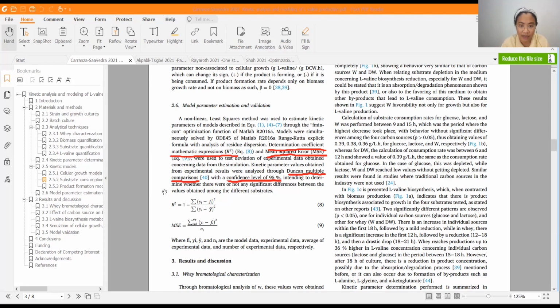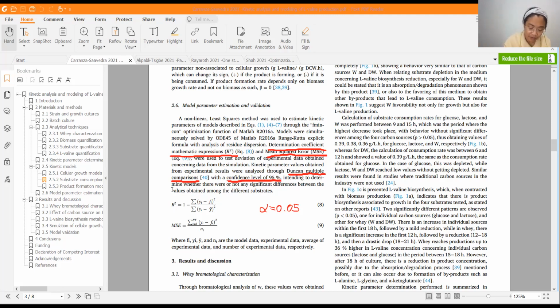They say they use Duncan multiple comparison with a confidence level of 95%, so you know alpha equals 0.05, intended to determine whether or not there were any significant differences between values obtained among different substrates. So they are comparing the substrates to see if there is any difference in the values obtained at a confidence level of 95%. They are doing some kind of comparison based on statistic as well.